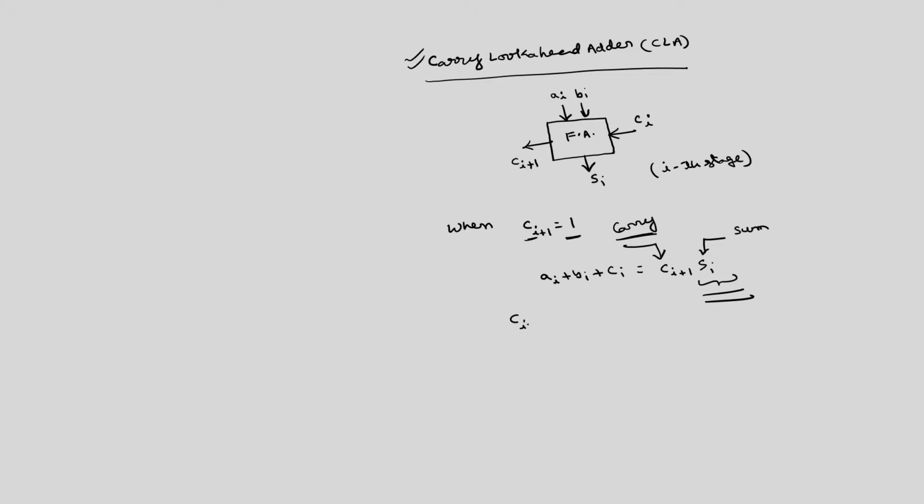Ci plus 1 is equal to 1 if any 2 bits are 1. Among these 3, at least 2 bits have to be 1. Among all the 8 combinations, what are the combinations?